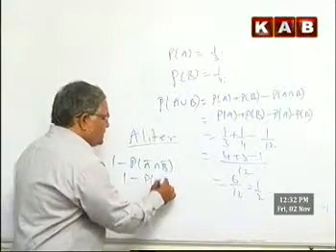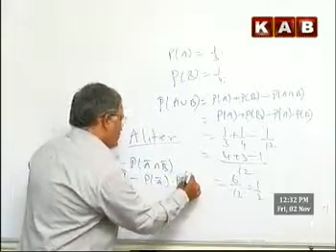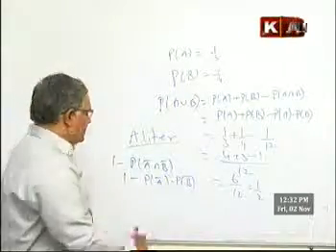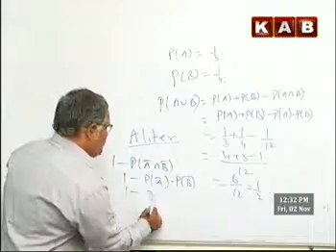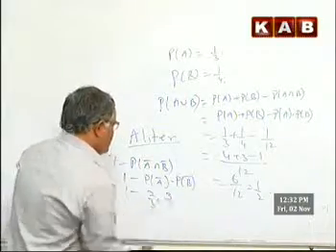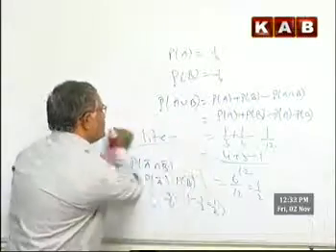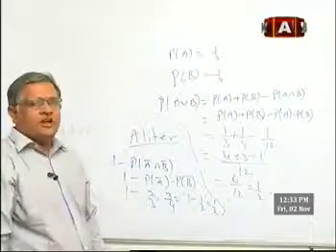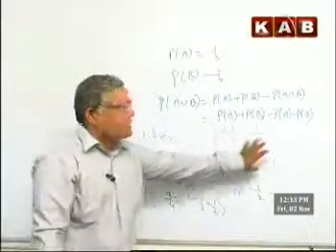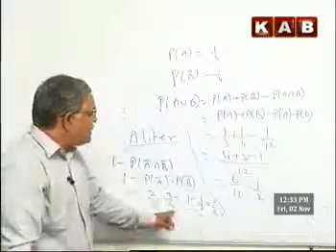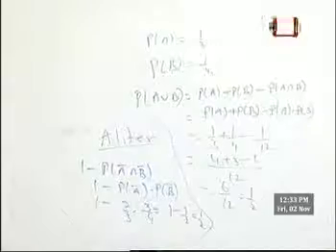You know that A and B are independent, so A bar and B bar are also independent. So, 1 minus 2 by 3 into 1 minus 3 by 4 will give you 1 minus half. This is half. This is an easier and safer method also. Either method we will get an answer as half.